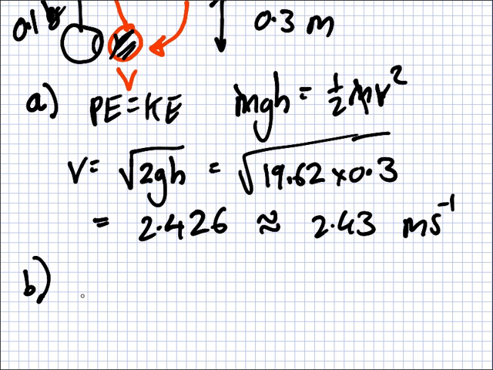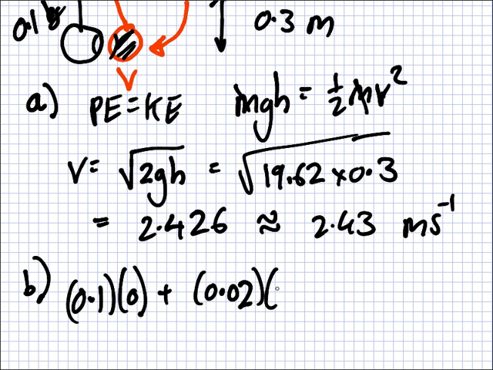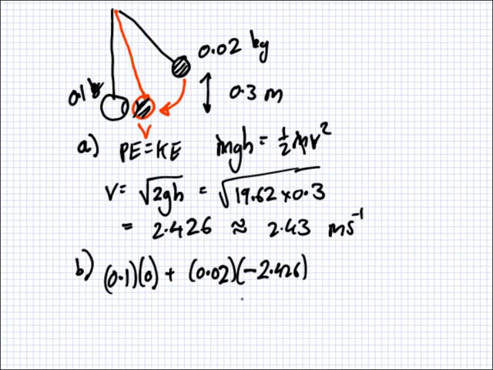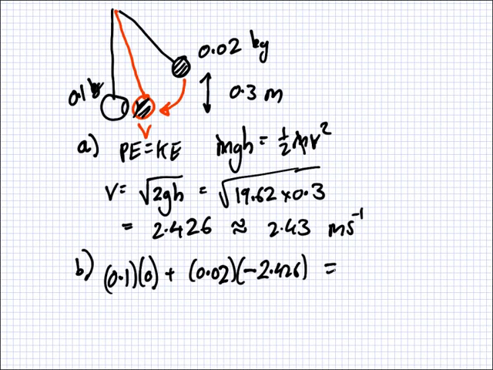So m1 u1 plus m2 u2, which is minus 0.03, no, the mass is 20 grams, isn't it? Minus 2.426. And then what happens is they stick together, so that becomes 0.12 times, let's just call it x. So they stick together and they move off with x.